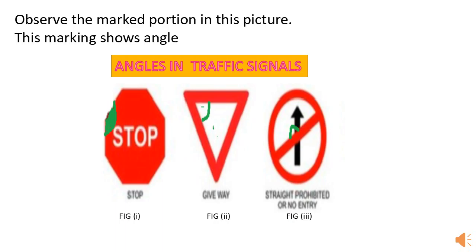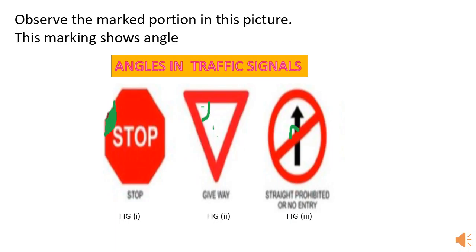You must have seen signals while traveling by road. Look at some traffic signals given here along with their meaning. Can you classify the angles marked in each of them as acute, obtuse or right? First symbol is for stop.